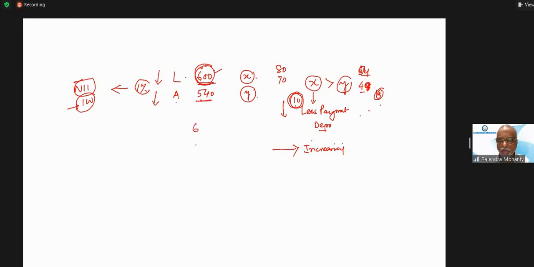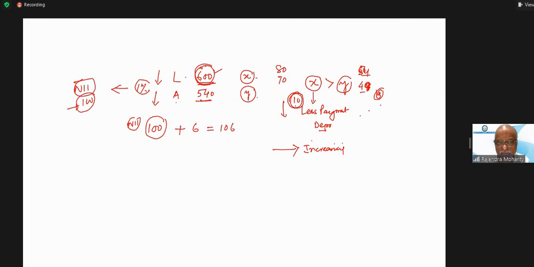Yes or no? Yes. That means earlier your NII was 100, and now you are paying 6 rupees less interest to the depositor. So should this be added to NII or deducted? Added to the NII. So this becomes 106.